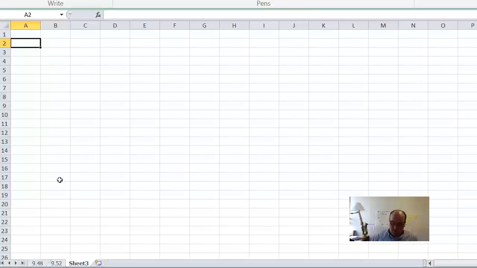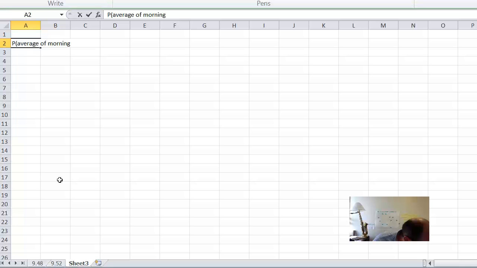So what's asking here? So let's see, the probability that the average of morning is greater than the average of evening or afternoon.